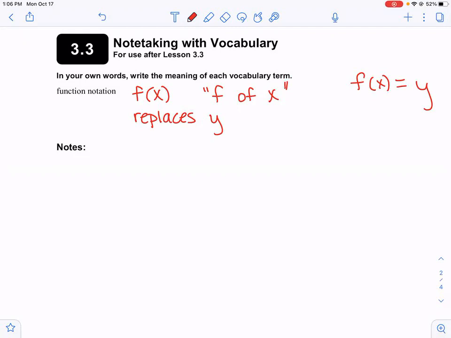It's the same thing as a y. We're just calling it f of x. Okay, I need you to understand that these parentheses do not mean multiplication. They're more just signifying what the input is. So this f of x, my input is inside that notation.